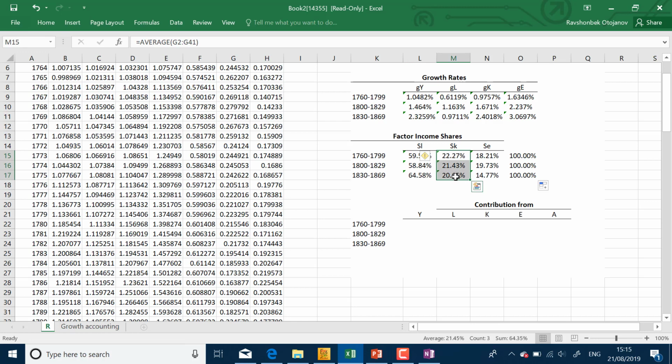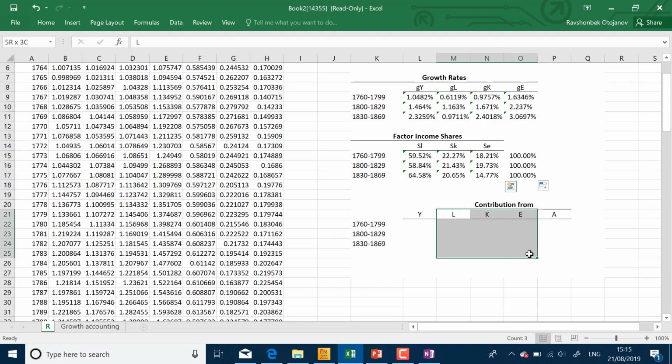Capital income actually declined during this period, and energy income declined even more. So this much of the income generated was accrued towards compensating the wage income earners.